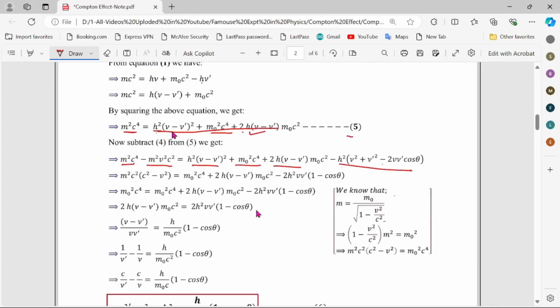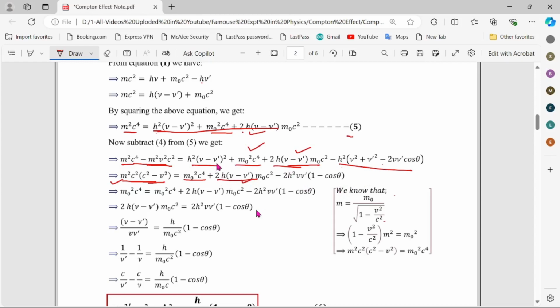Then m square c square I can take common from these two terms, giving m square c square into c square minus v square. Here m naught square c to the 4 I have written over here. Then this term, 2h mu minus mu dash m naught c square.